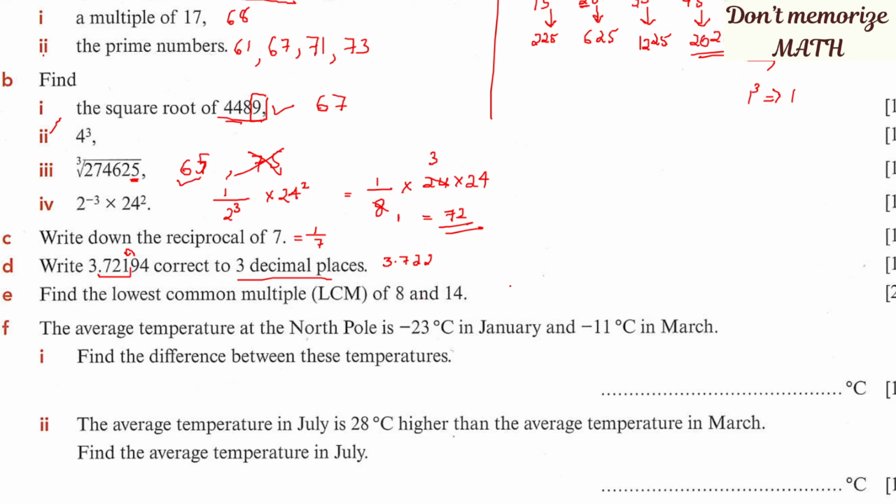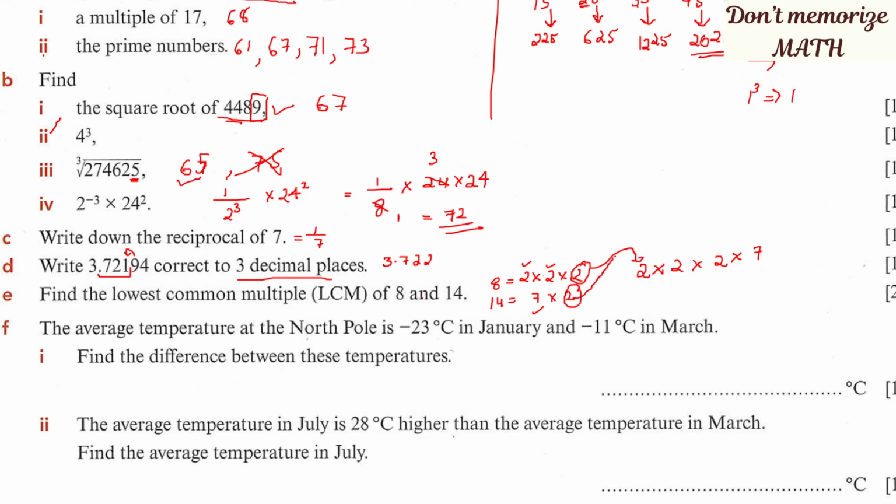How can we write 8? 8 is 2 times 2 times 2. What about 14? 14 you can write as 7 times 2. Just see the common. What is common here? If it is common, write it only one time. All other numbers you have to write, 2 times 2 times 7. If you have common, write only one time.